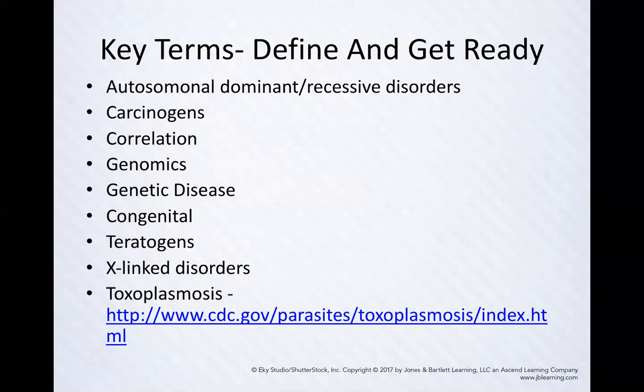Genomics is basically the study of genes and how they influence our health. Genetic disease, congenital means from birth. Teratogens, you need to know that term. We'll be discussing it. X-linked disorders, and toxoplasmosis, another one of those infectious agents that can interfere with prenatal development.